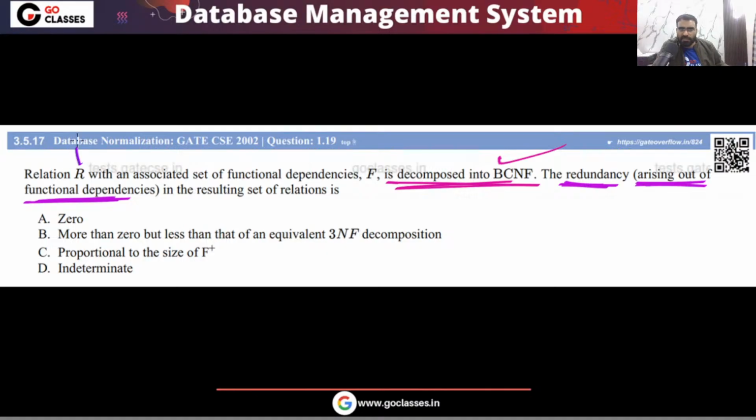This relation R we are decomposing into BCNF. Now our database is in BCNF, and I told you that BCNF has 0% redundancy created due to functional dependency. So for this question the answer will be option A, 0. BCNF has 0% redundancy caused by functional dependency. But remember, BCNF may have redundancy caused by some other means.